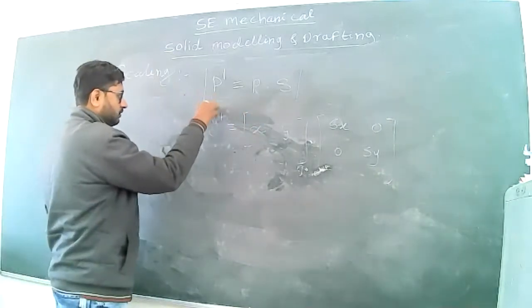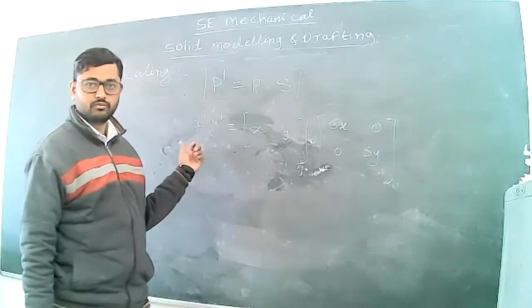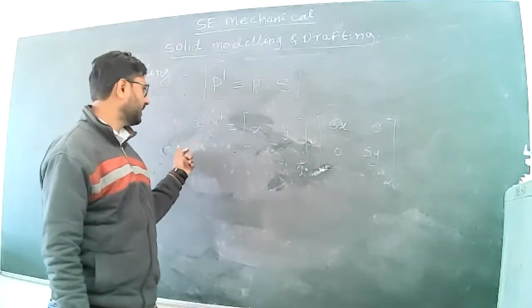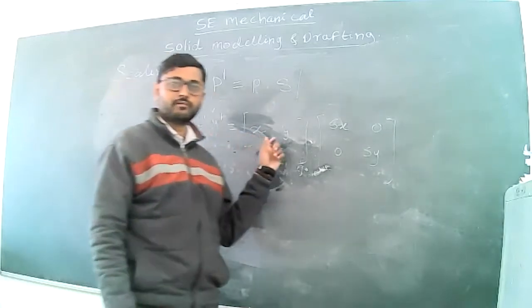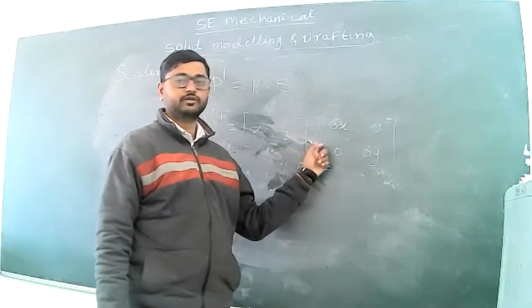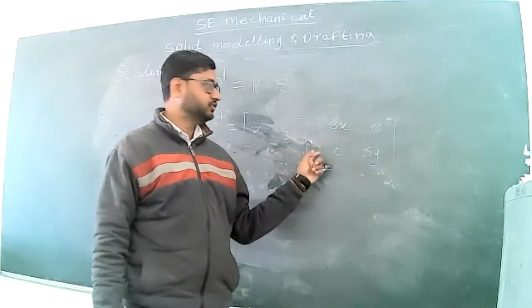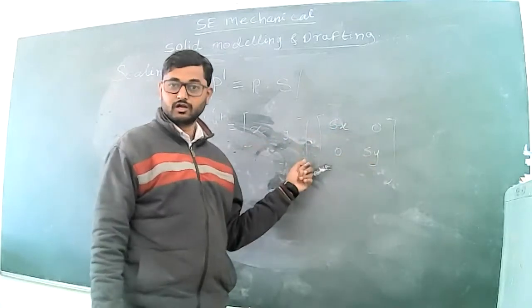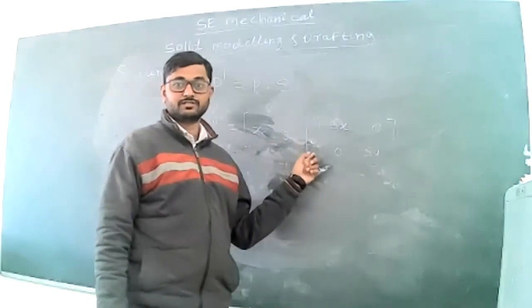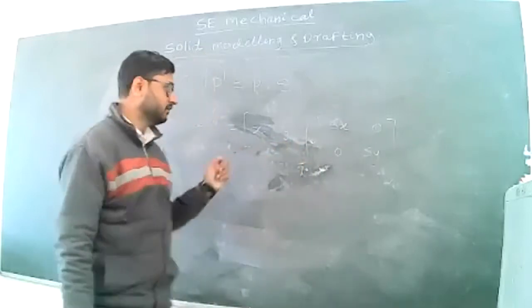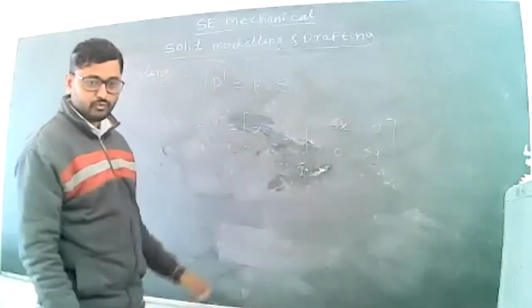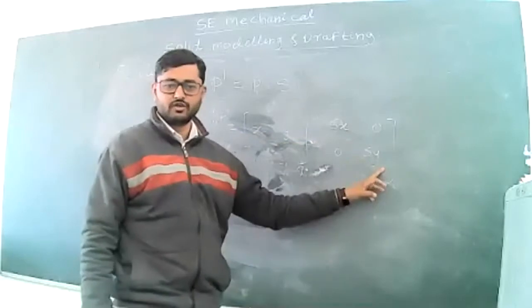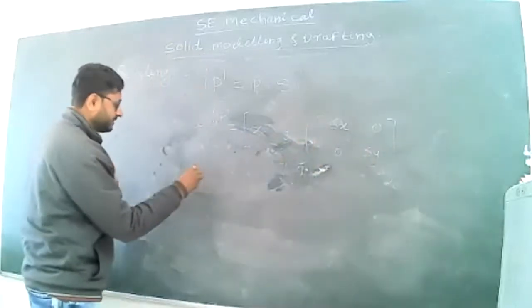Here we consider the new object line x dash y dash is equal to, in matrix form, x y into Sx 0 0 Sy. So this formula is very important to solve the numericals on the basis of scaling. So here we write down Sx and Sy. What is Sx?